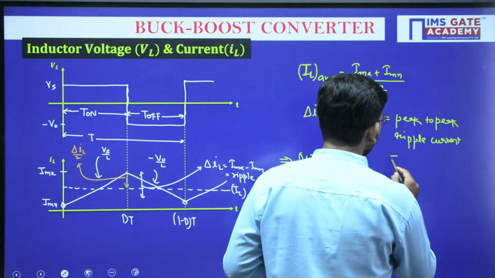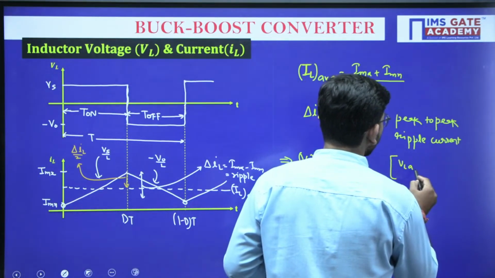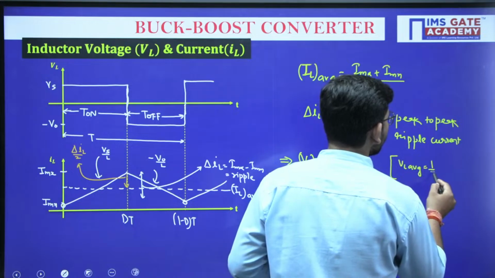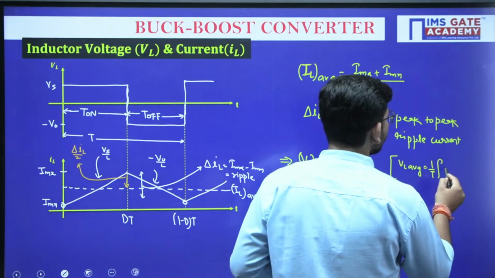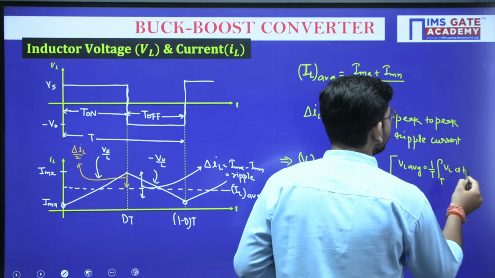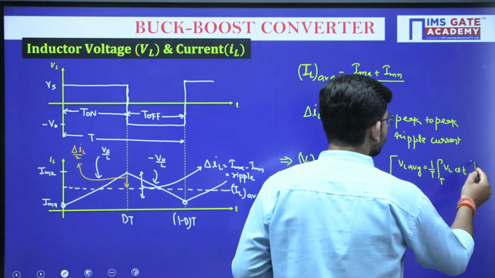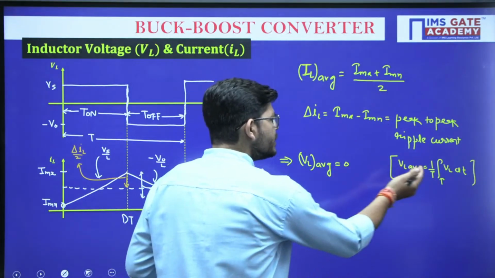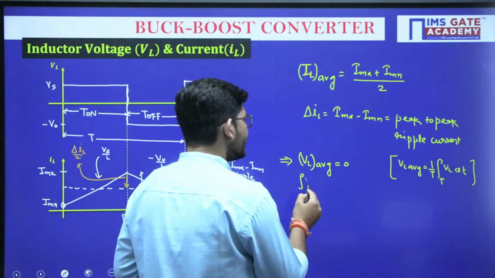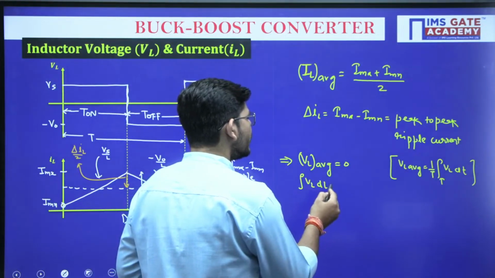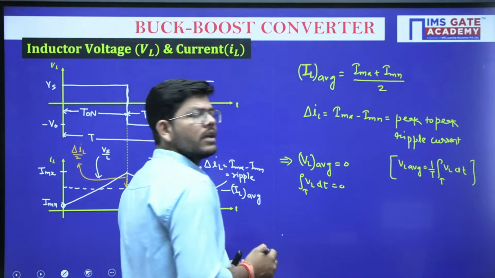How do we calculate the average of any quantity? Suppose we are calculating VL average, that means 1 upon T, integral over the time period T of VL dt. If we equate this to 0, that means VL dt equals 0 for one time period.